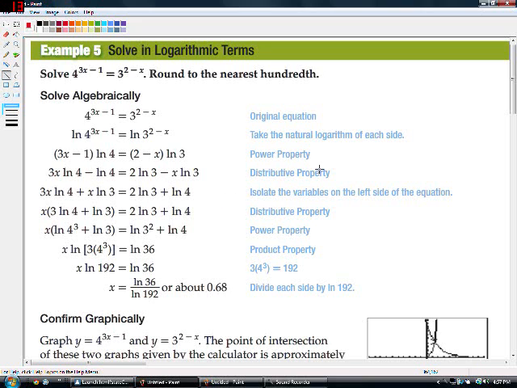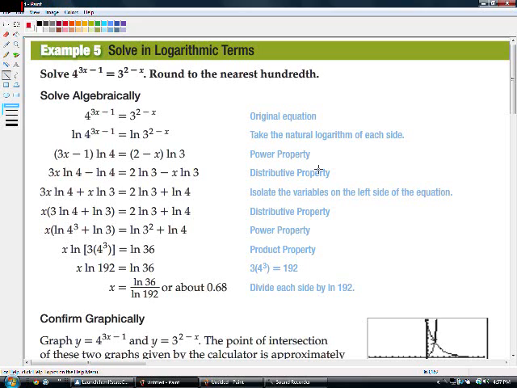Now, we're going to use the distributive property to realize that we can pull an x out of the left part of the equation, giving us x times 3 natural log 4 plus natural log 3.